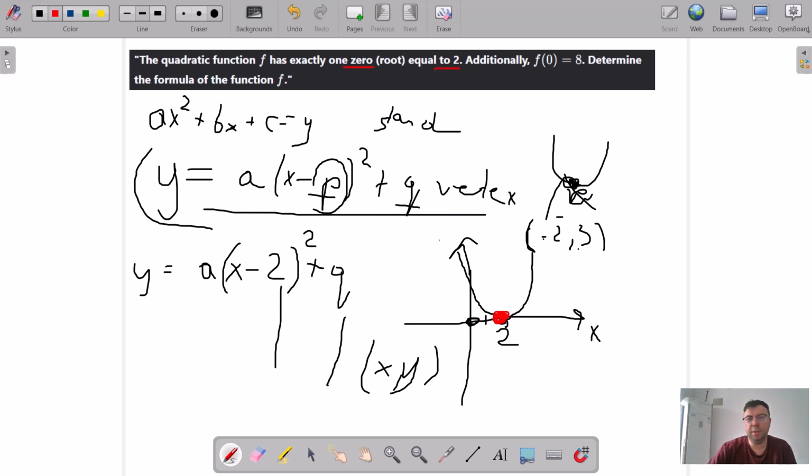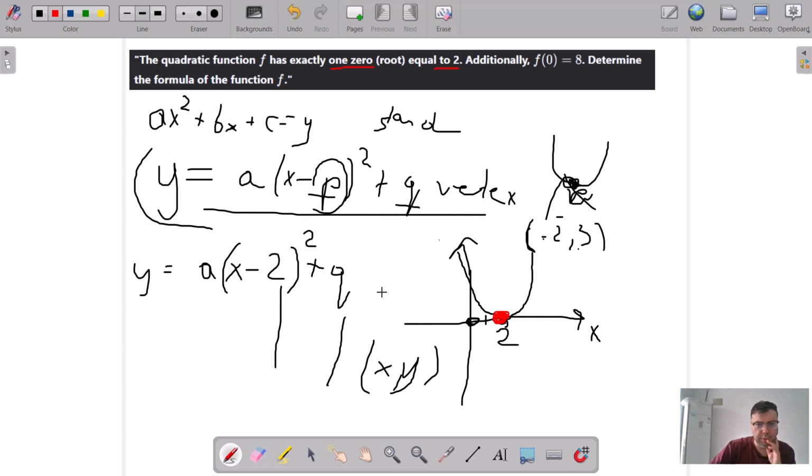You know that 2 must be x, because if x is 2, y is 0. And you know that in quadratic equations with only one solution, the zero root is also the vertex. And this assumption helps us find the formula.